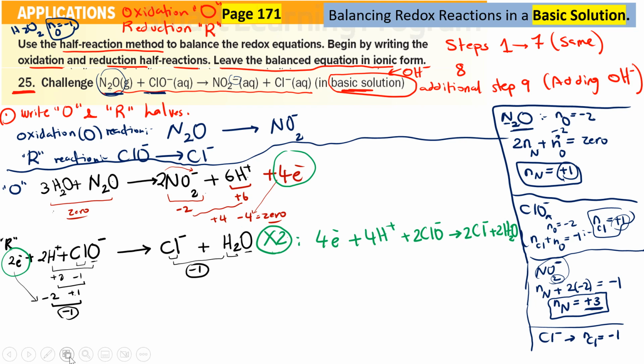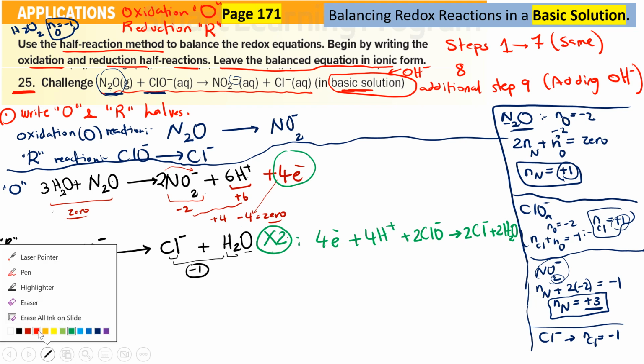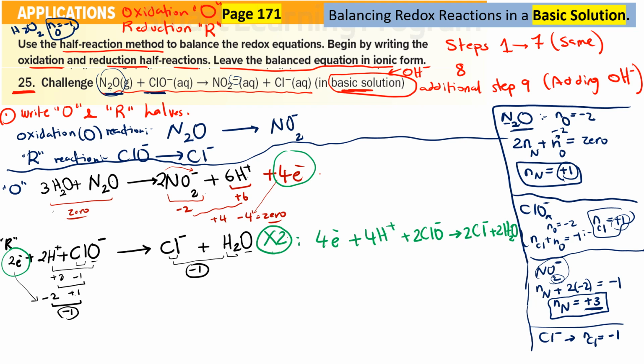Now let's write this equation again here, which is 3H2O plus N2O gives me 2NO2 minus plus 6H plus. Sorry, I forgot the electrons, plus 4 electrons. So this is the oxidation half balanced, and this is the reduction half. How do we know it is oxidation?